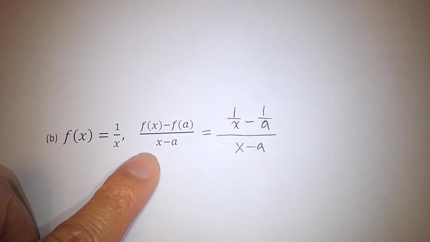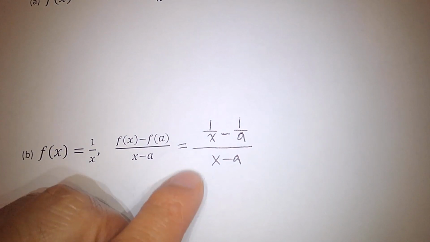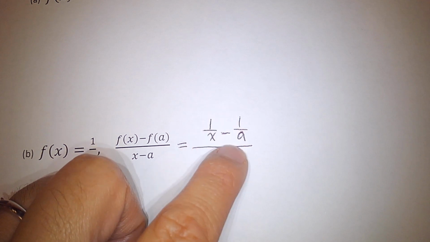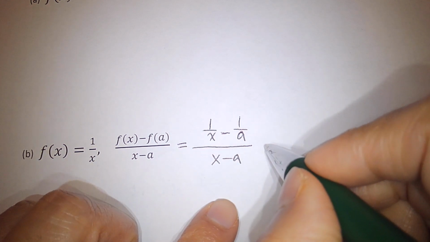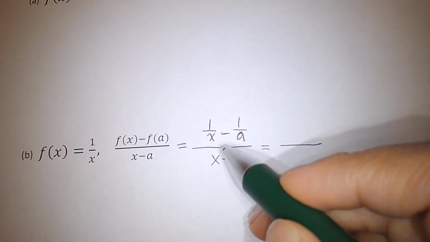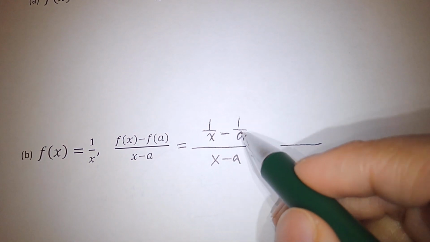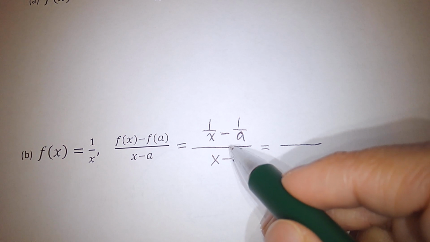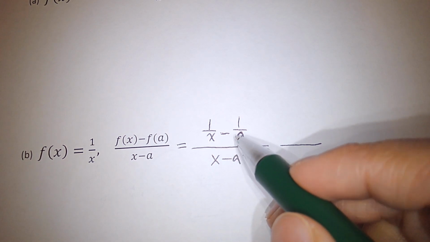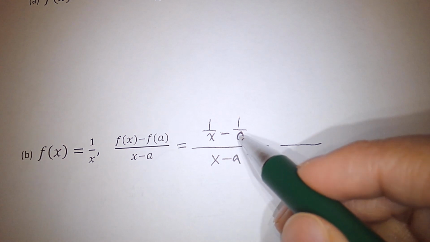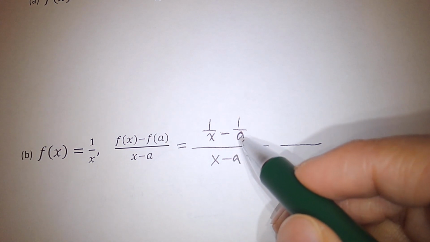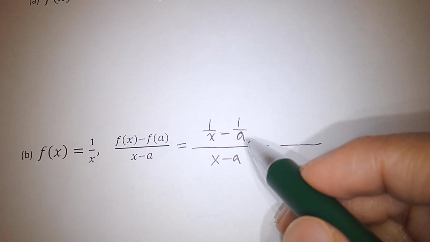So, are we able to simplify 1 over x minus 1 over a, divided by x minus a? How? On the numerator, we have two fractions. For fraction subtraction, how can we combine them? Do they have the same denominator? No. So in order to combine fractions, adding or subtracting, we have to find at least the common denominator.